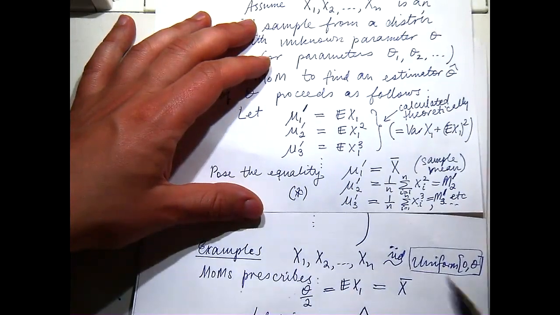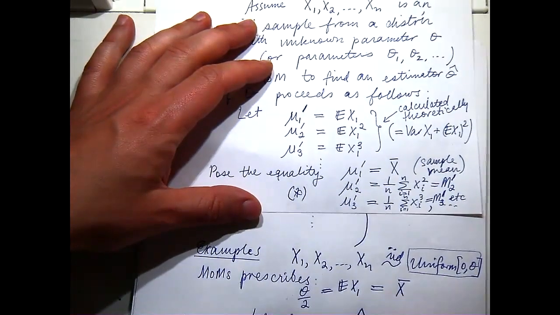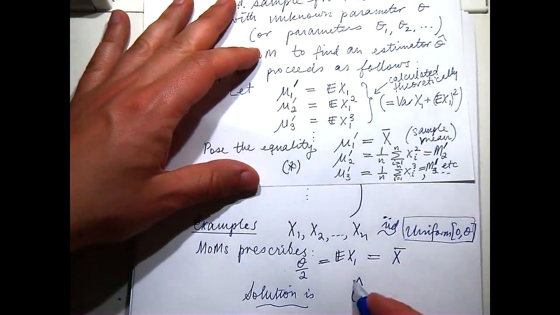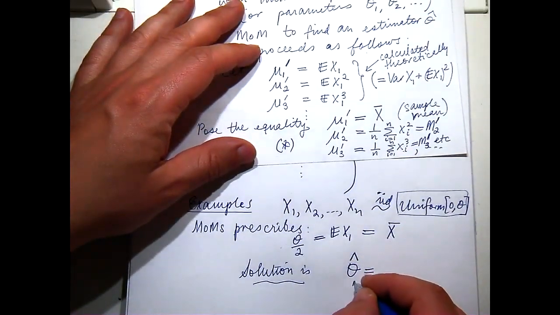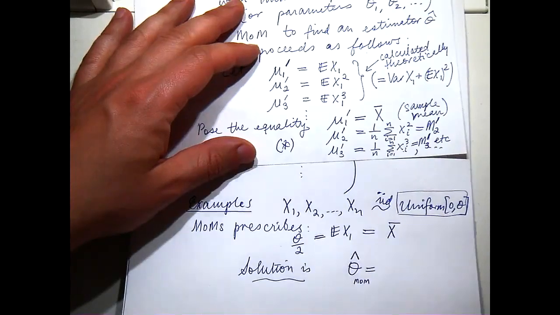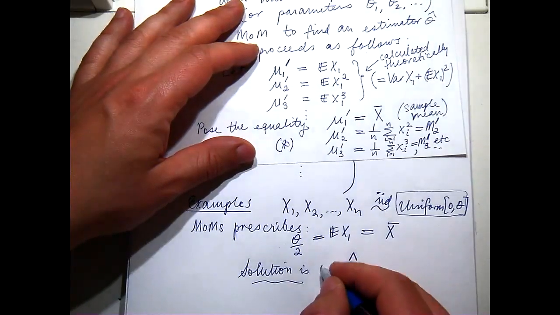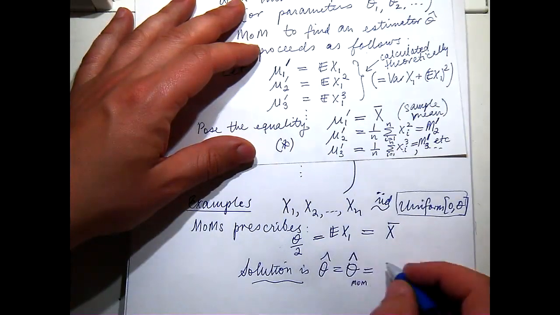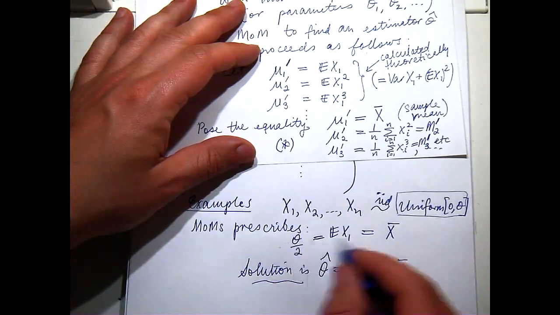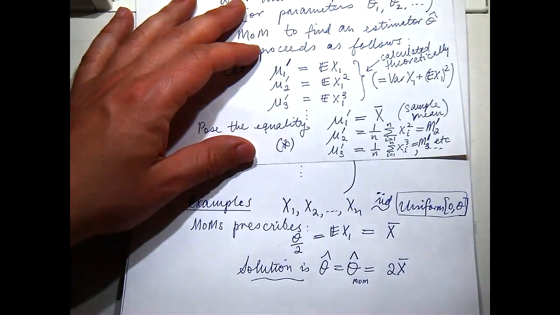The method of maximum likelihood will actually give a different choice for theta. But theta hat, the choice we're making here, and sometimes if you want to make it really clear, you might put a subscript MOM for method of moments, is 2 X bar. So I've just solved this equation for theta.